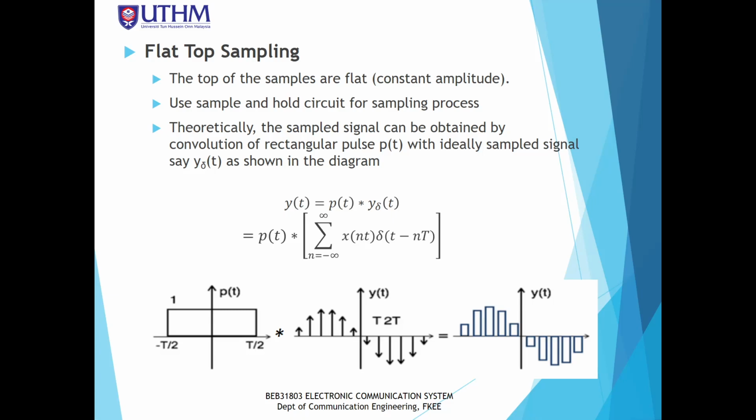So it is produced through the convolution in time domain of p(t), the rectangular pulse signal, with y delta t. So y delta t is from the impulse sampling.